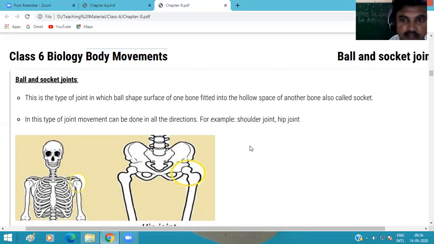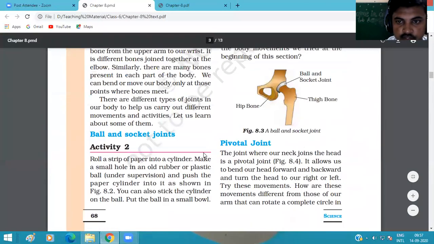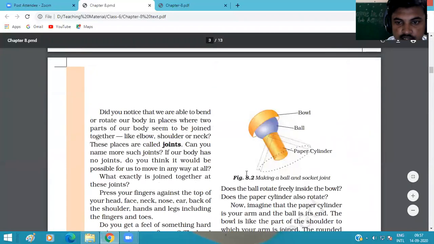Both are fixed and form a ball and socket joint. Like this, one end of a bone is bowl shaped, and another bone's end is ball shaped. Both are fixed, and this type of joint is called a ball and socket joint.